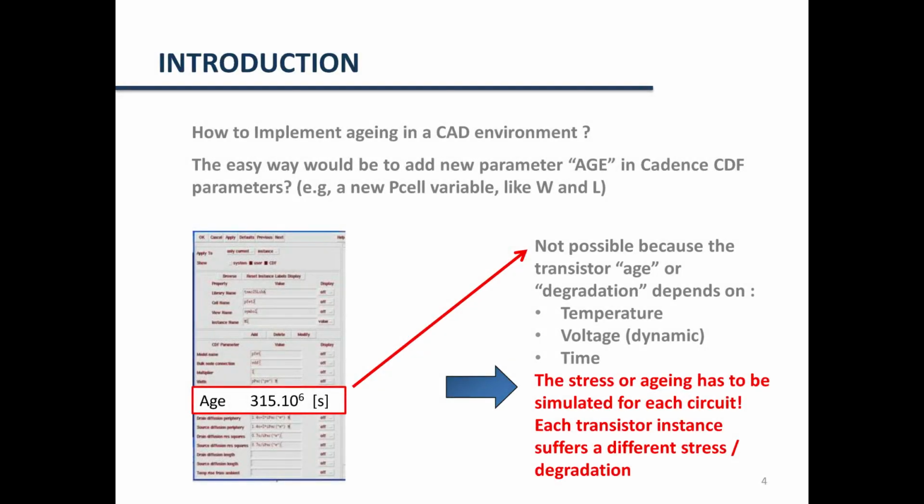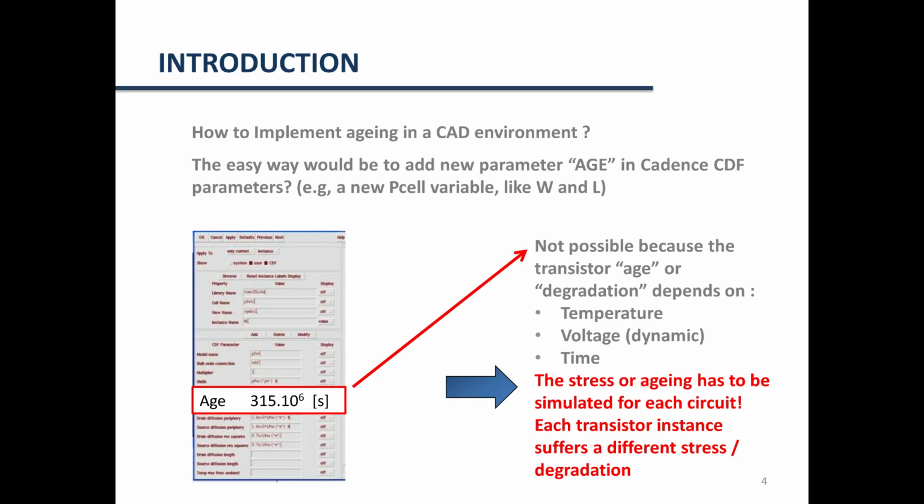Okay, slide 4. So let us start with this introduction. The question is how to implement an aging model in a CAD environment. The easy way would be to simply add a new parameter, age, in the Cadence CDF parameters, for instance a new pixel variable.